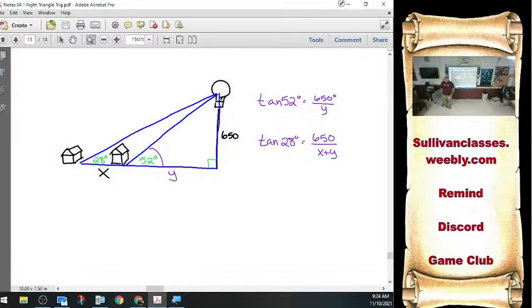That's where it becomes a system, because now we have two variables and we have tangents in there. So what do both of them have in common? If they both have a y in common, then I can say y is this stuff, y is that stuff. Set them equal, right?